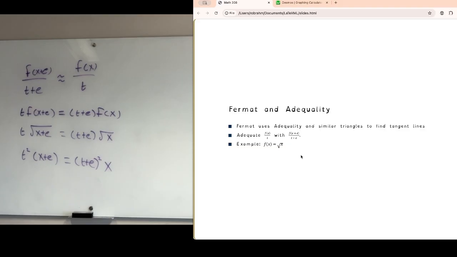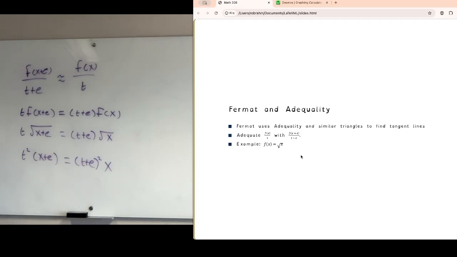And now what we want to do is solve this for x. So notice if we divide both sides by x plus e, we get t squared is equal to, sorry. Yes, okay, that's quite right.